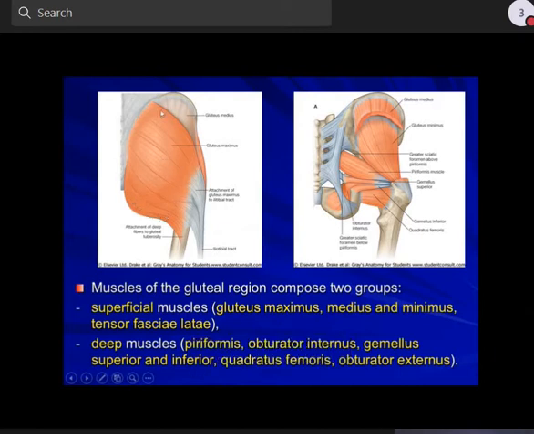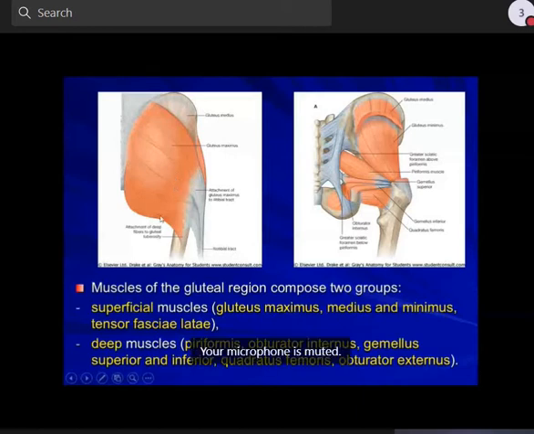So in the gluteus maximus, we can distinguish its superficial and deep part. And the deep part may be separated into superior and inferior.